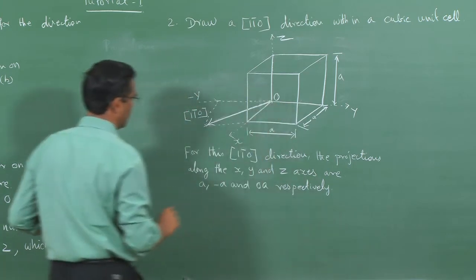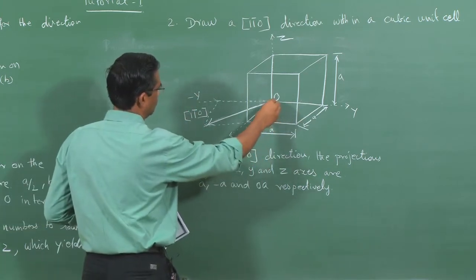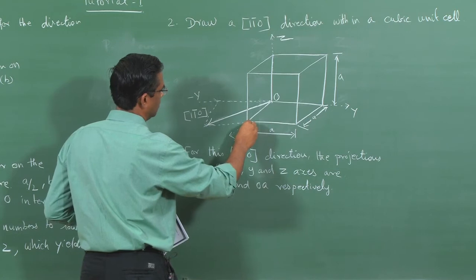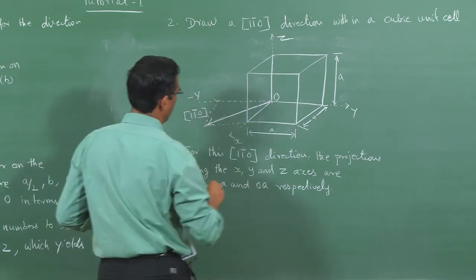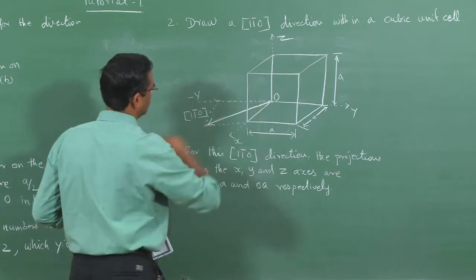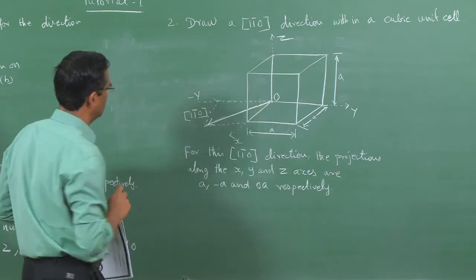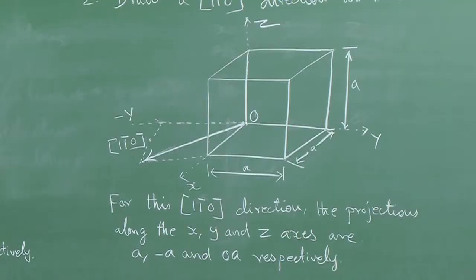So this would be the direction here. So you move 1 in x and then 1 minus in y and then z is 0. So this will be your 1 bar 1 0 direction. So this is how you should go about it.